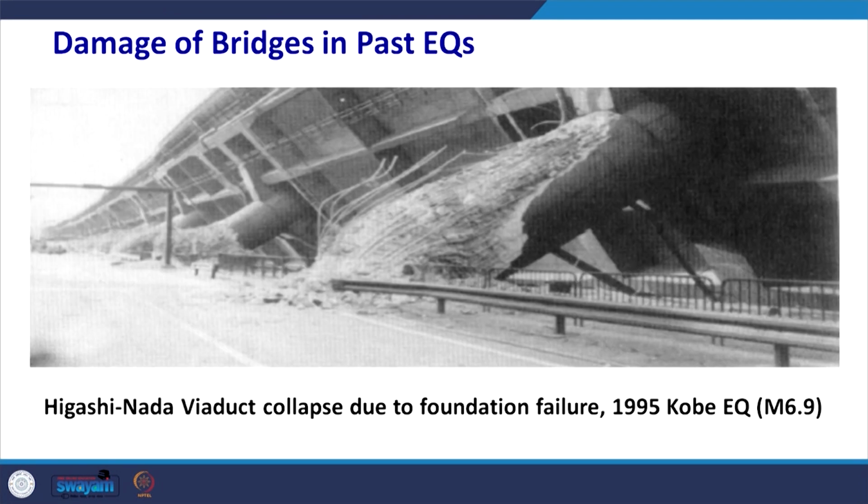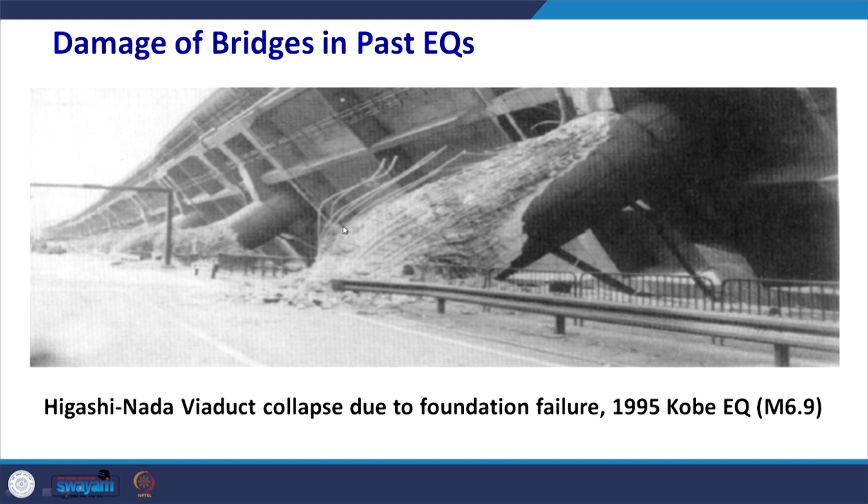Now, coming to the next example, which is also from the Kobe earthquake, you could see this bridge which is called the Higashi Nada Viaduct. It completely collapsed, and this is also a live example of foundation failure in the 1995 Kobe earthquake.